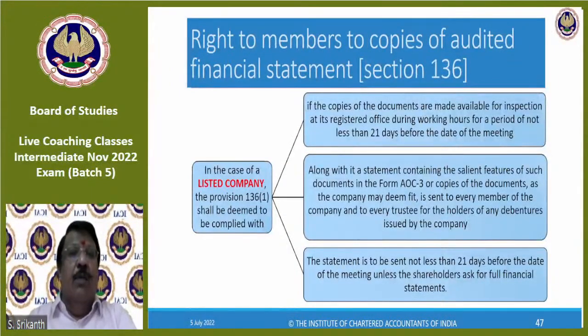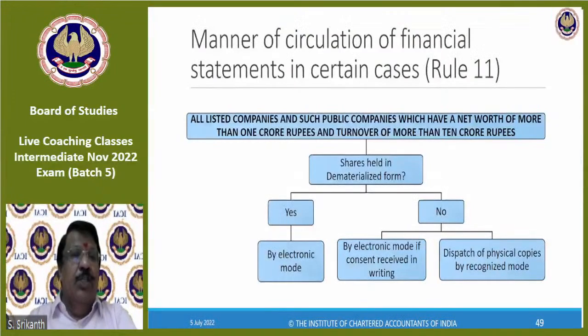Then we saw the methodology or the medium, and we said electronic mode, provided the shares are held in demat. And this is only for listed companies and public companies having net worth of more than 1 crore rupees and turnover of more than 10 crore. 1 crore rupees net worth and 10 crore turnover, the two combinations.